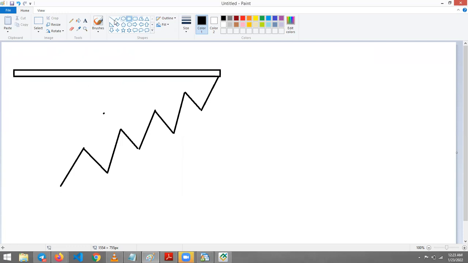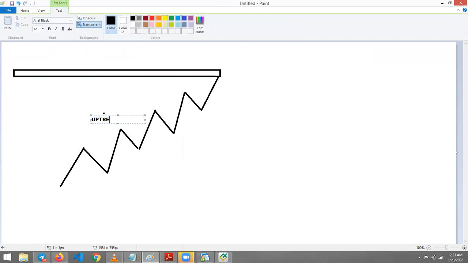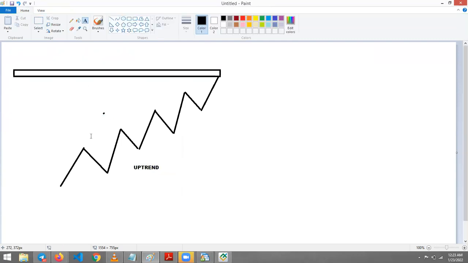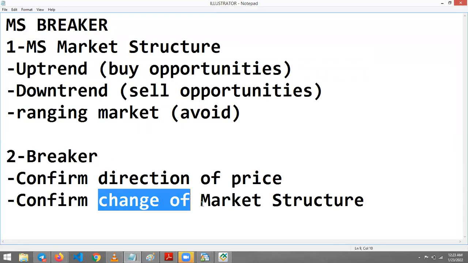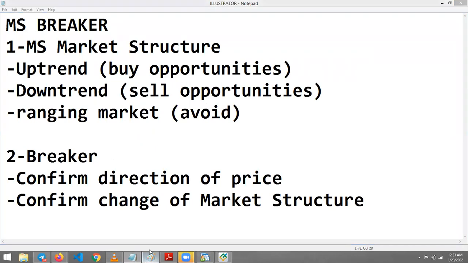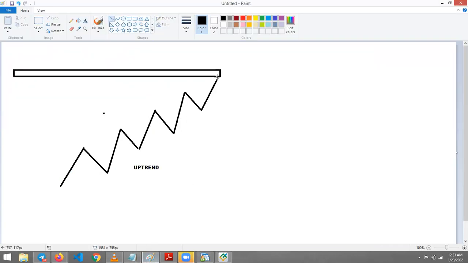So here you have what we call an uptrend. Let me write it down. I just want to explain to you how the breaker can help you confirm change of market structure. What you're going to do is wait for price to drop. When price drops, as soon as you see price breaking this level here, that is what we call a breaker, right?